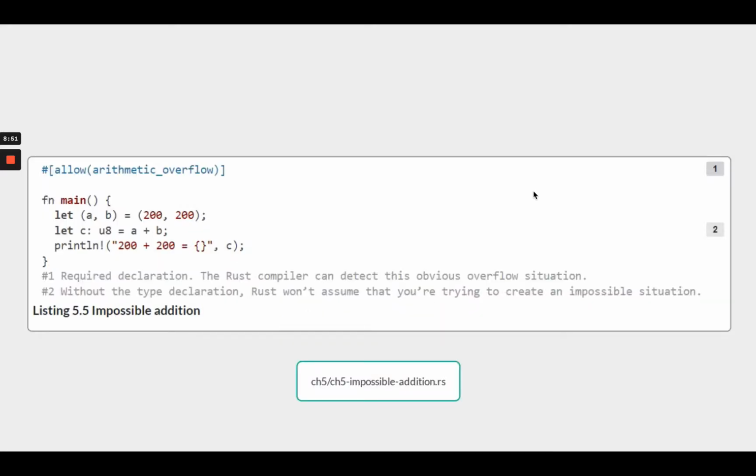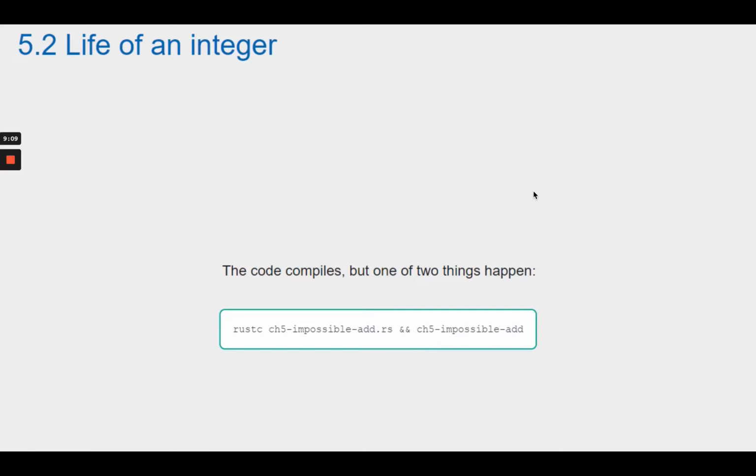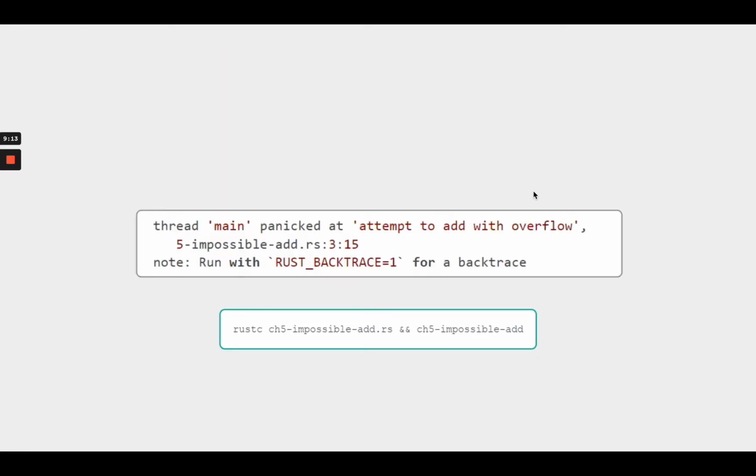There's another easy way to kill a program using a similar technique. In listing 5.5, we ask Rust to fit 400 into a u8, which can only count up to 255. Look in this file for the source code for this listing. The code compiles, but one of two things happens. The program panics.